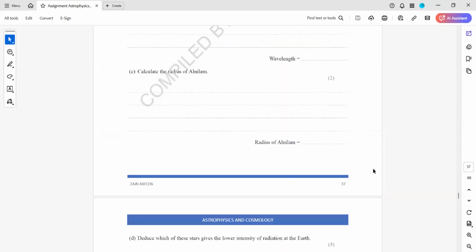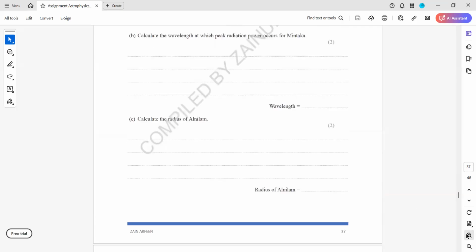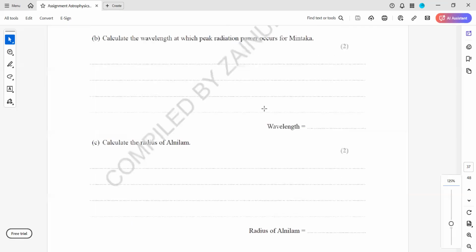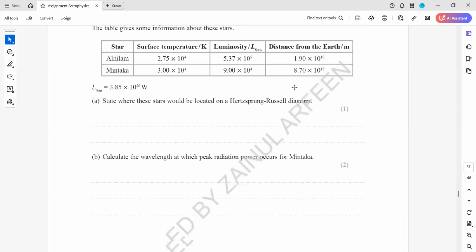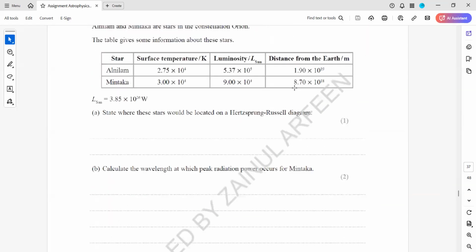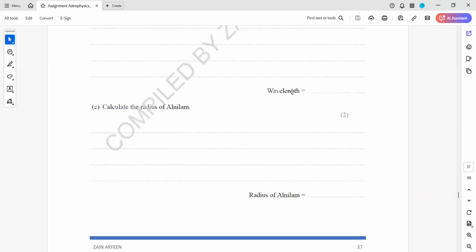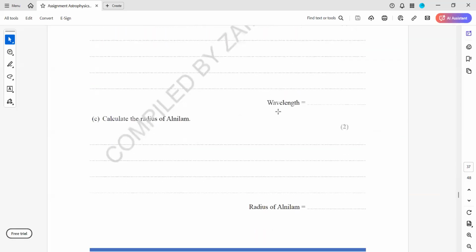Next is calculate the radius of Alnilam. So how do we determine the radius? We have the luminosity. Whenever you need the size of the star, you use the Stefan-Boltzmann law.